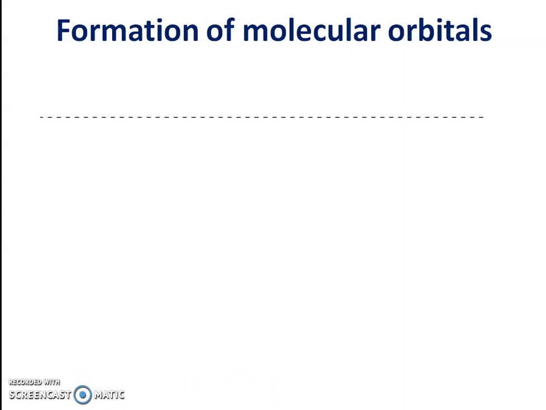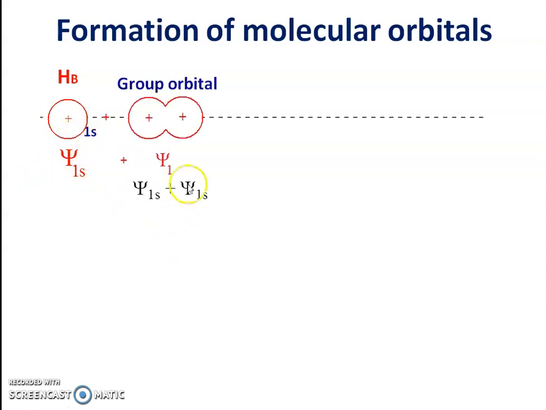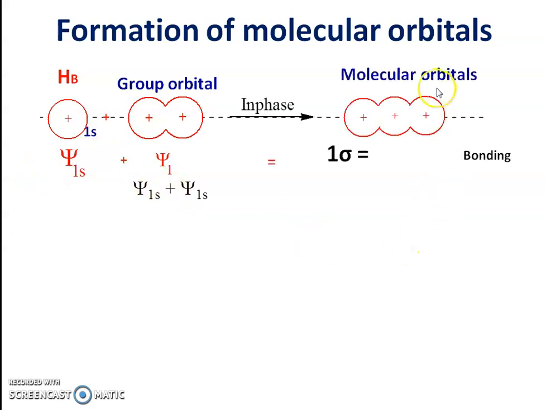Now consider again the internuclear axis. Suppose hydrogen B contributes the 1s atomic orbital. It has a positive sign wave function. It combines with the psi 1 group orbital. This is the positive, or in-phase, combination. So the in-phase combination results in the formation of a molecular orbital.